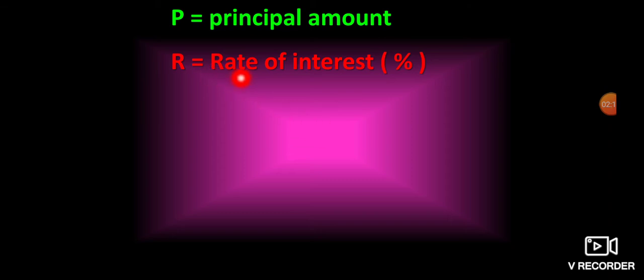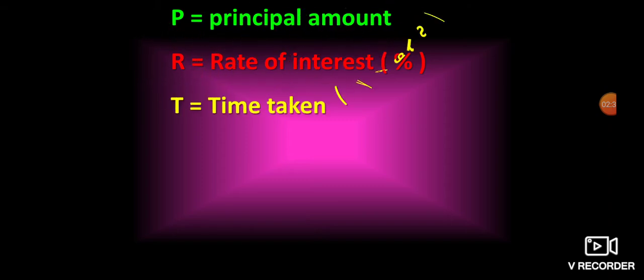The interest rate is always given in percentage, 2%, or some banks give 9% or 10% interest rate. After 1 year or 5 years, we have to pay back according to this interest rate. The short form is capital letter R.